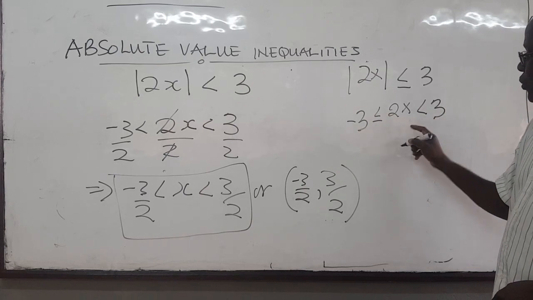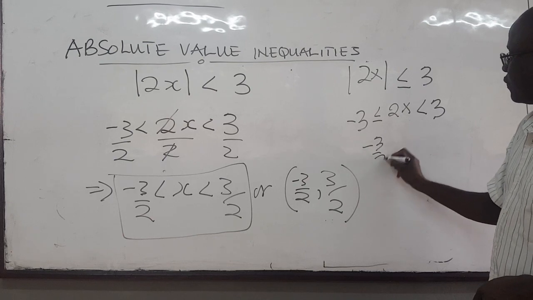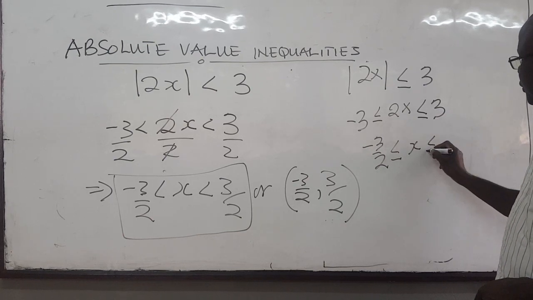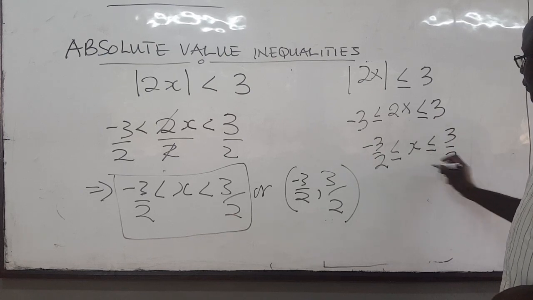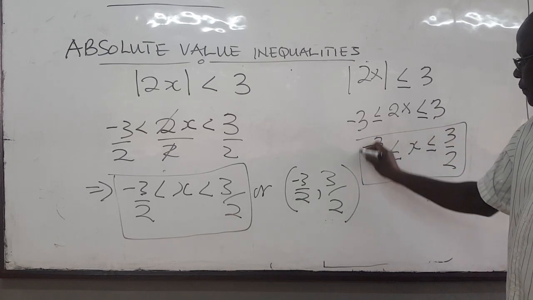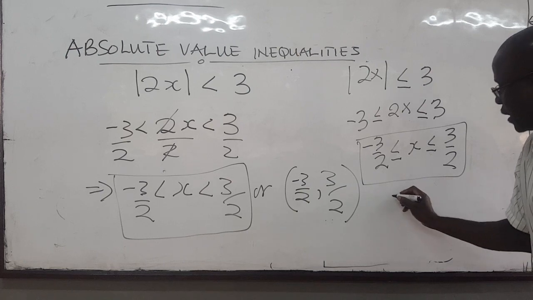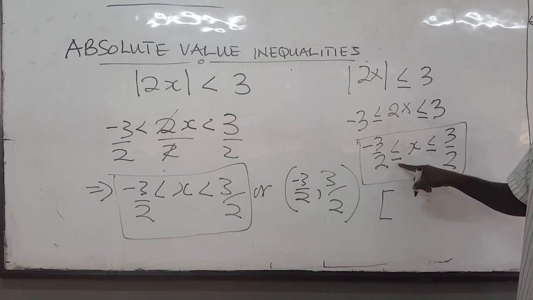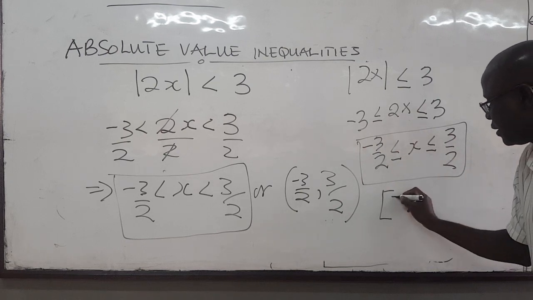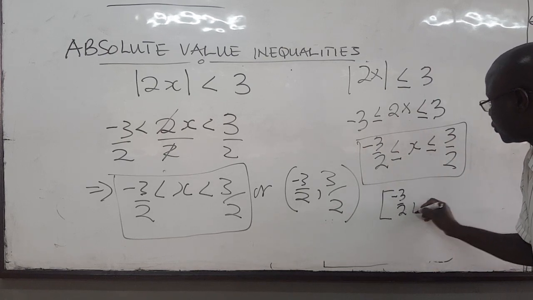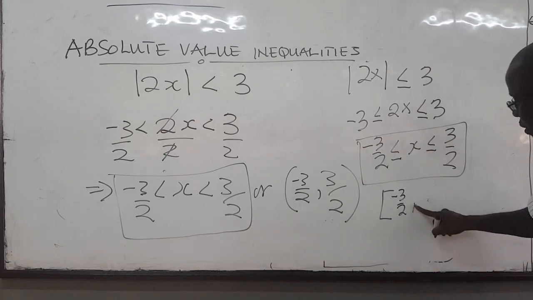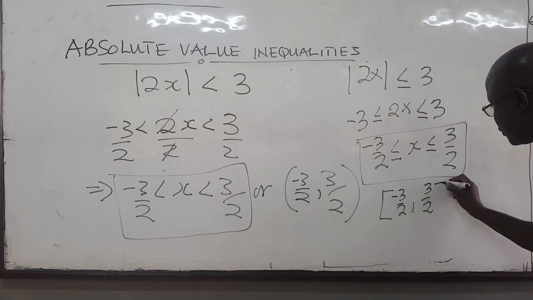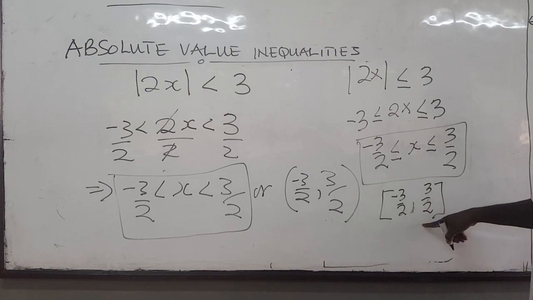Divide through by 2, you have negative 3 over 2 is less than or equal to x less than or equal to 3 over 2. And that gives you the solution set. Or you can write this as, since it means equal to, negative 3 over 2 is included. There's an equal sign as well. So 3 over 2. So this or that.